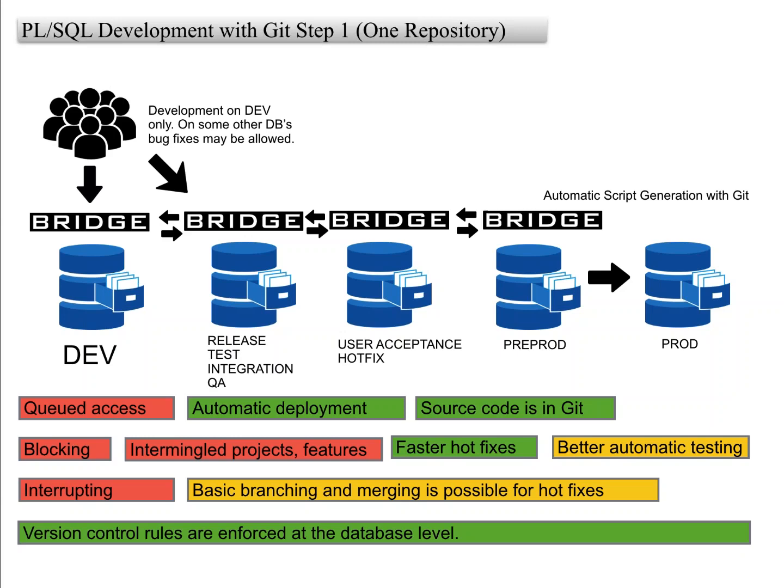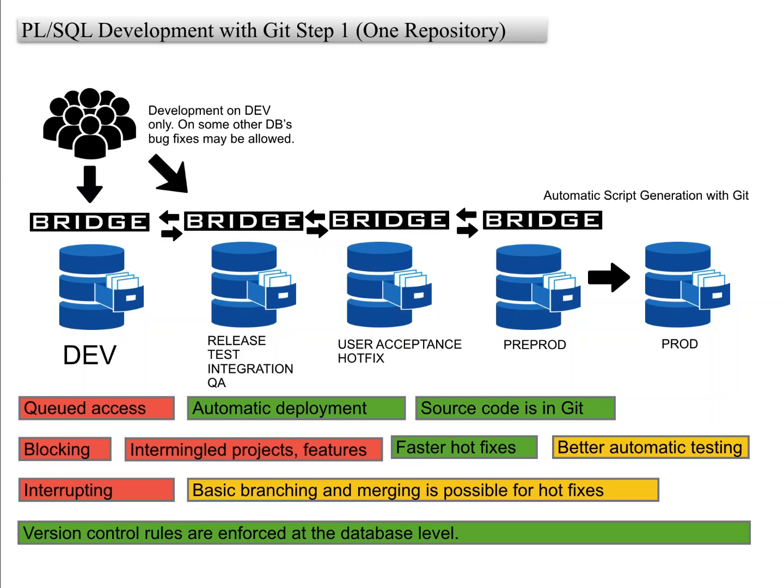So even if we just have this control layer at every database in our pipeline, I still have queued access. It's still blocking and it's still interrupting. But notice the difference. The source code is now in Git, and reliably so. There is no way a developer can interact with any of these databases without interacting with Git.